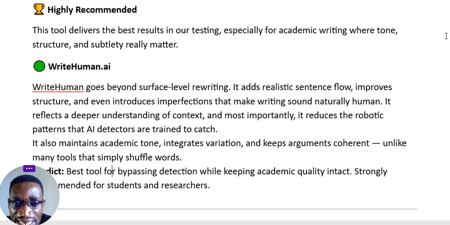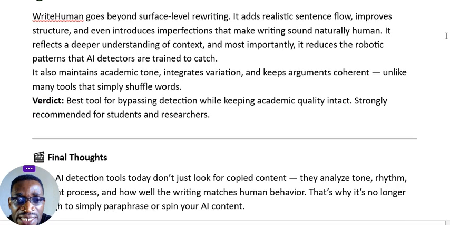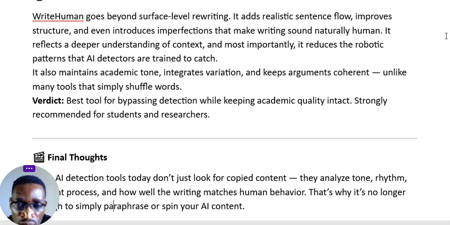It reflects a deeper understanding of context. And most importantly, it reduces the robotic patterns that AI detectors are trained to catch. It also maintains academic tone, integrates variations, and keeps arguments coherent, unlike many tools that simply shuffle words. So my verdict here is the best tool to bypass AI detection while keeping academic writing quality intact. Strongly recommended for students and researchers.